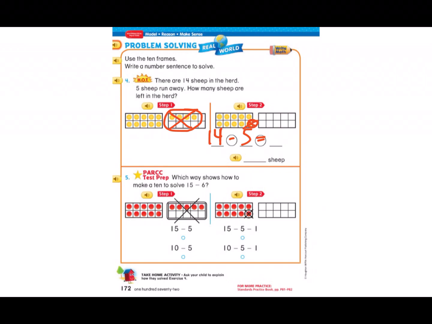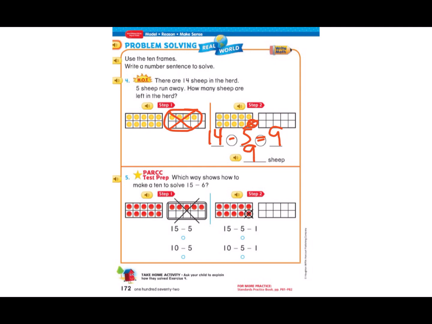So how many are left? 9. So there are 9 sheep left in the herd. So remember, you take this first tens frame and cross it out, and that was only 4 counters, and we're trying to subtract 5. That is why we had to take the 1 away in step 2.